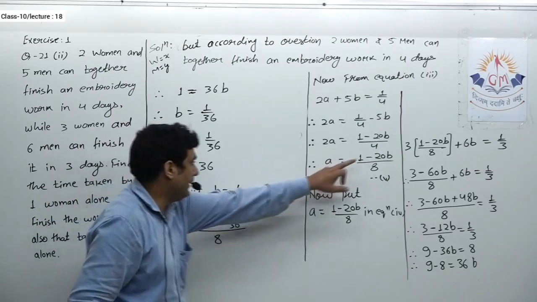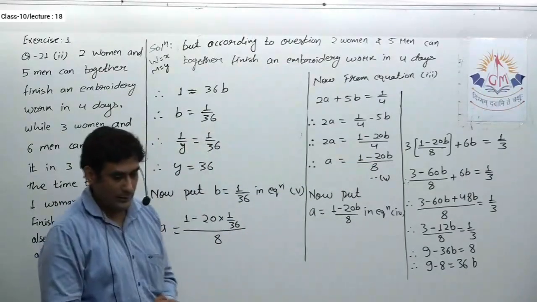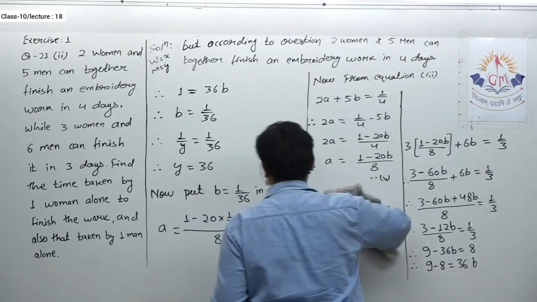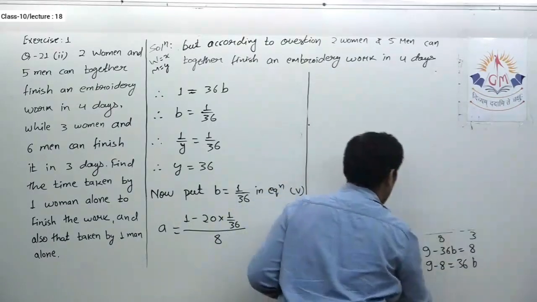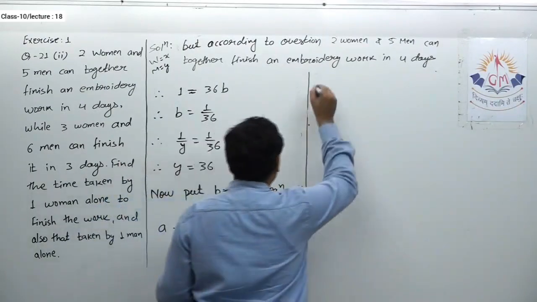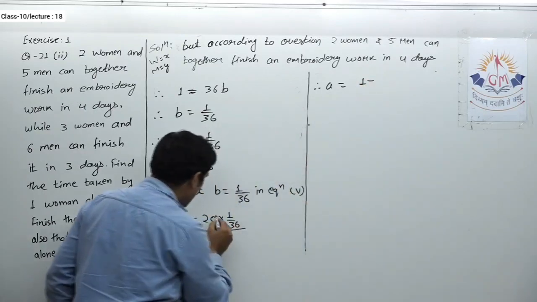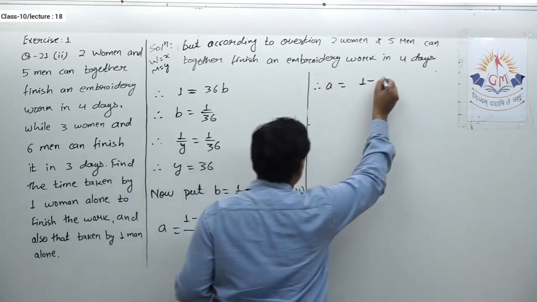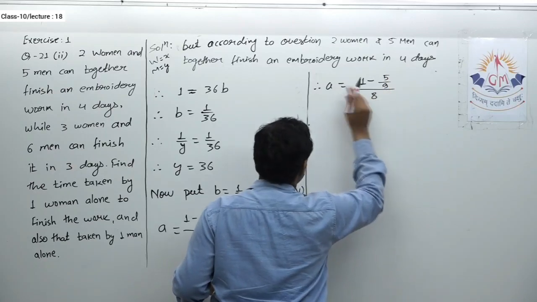By solving this, definitely I will get the value of a and then x. Okay, so let us solve it further. Therefore a is equal to 1 minus, now I can cancel this, 4 5s are 20, 4 9s are 36, that means 1 minus 5 upon 9, whole divided by 8.